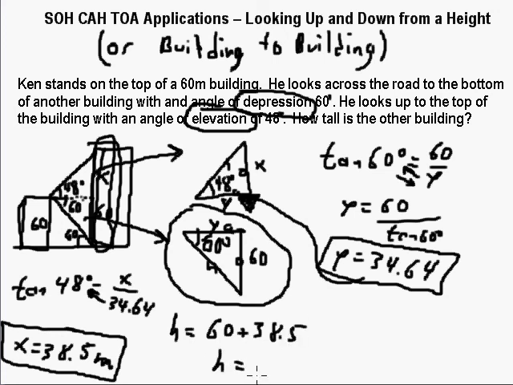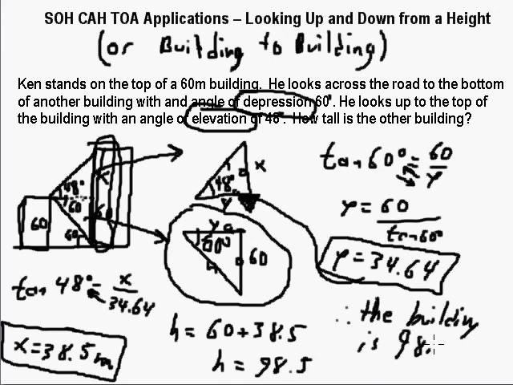So our height is equal to 98.5. Therefore, that was a weird way to write it, the building is 98.5 meters. Cool?